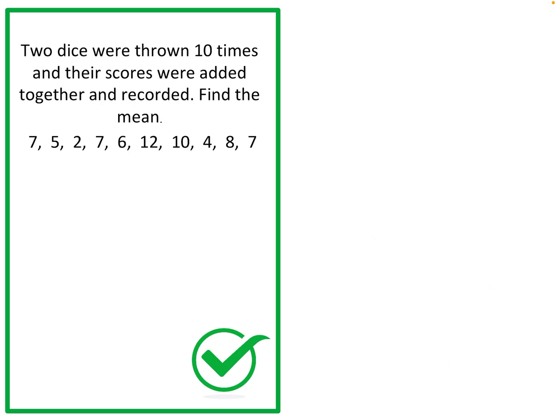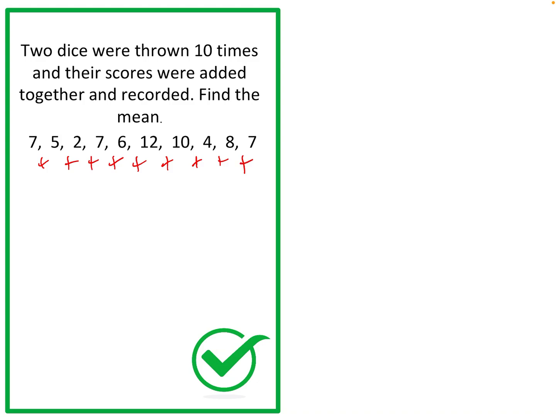Okay, so this time I've got one slightly different for you. So 2 dice were thrown 10 times, and their scores were added together and recorded. Find the mean. So this question is worded slightly differently and could be a little bit tricky, but we're just going to follow the same process. So we're going to add all of these bits of data together.